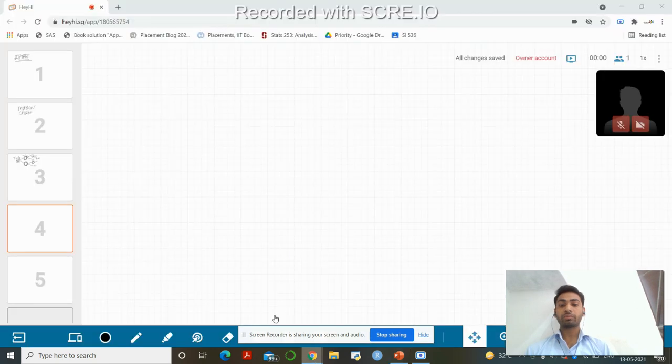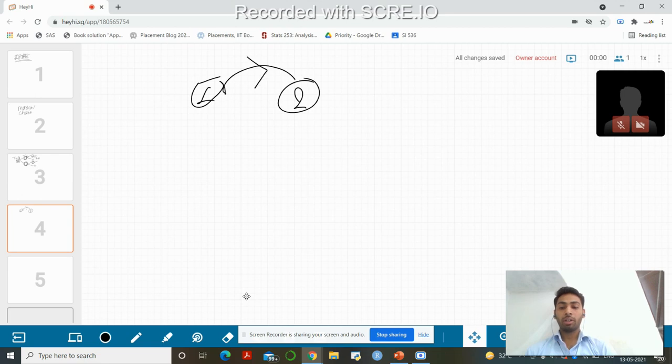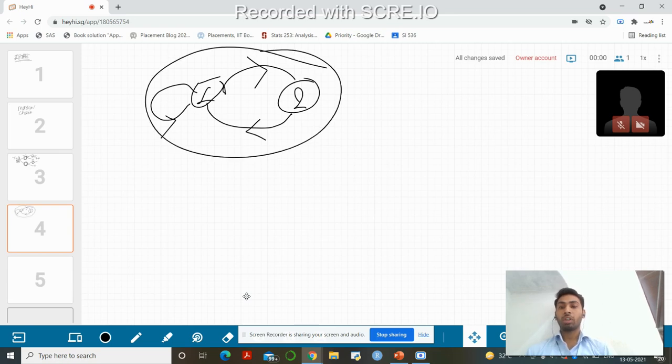Say I have states: this is state 1, this is state 2. We are going forward, we are going backward, and this is state 1 to 1. In this example, the matrix which describes this Markov chain is called the transition matrix.